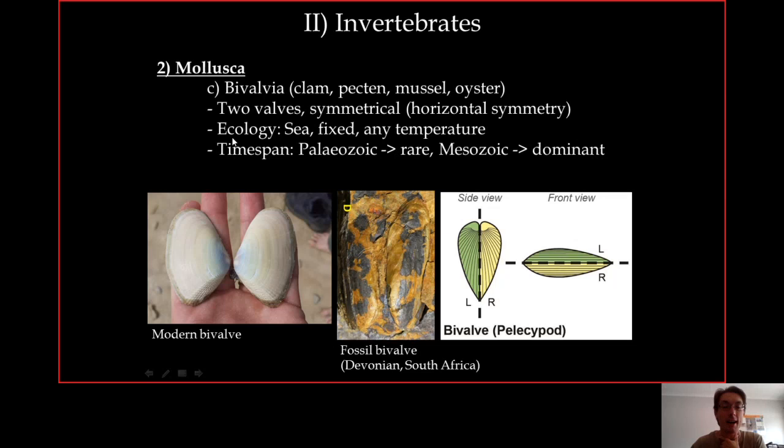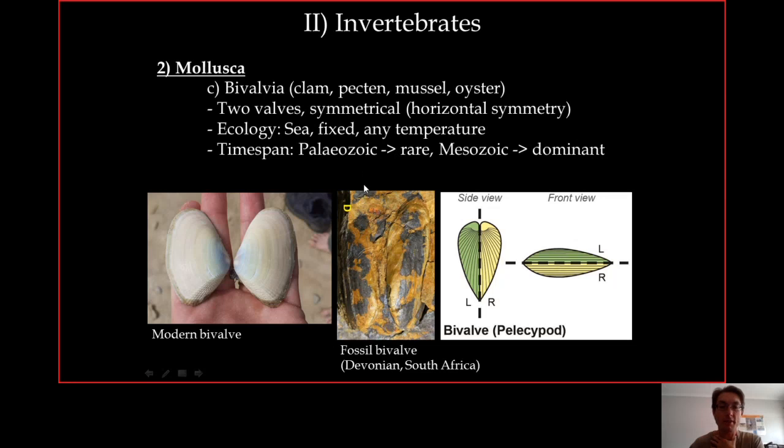So the bivalves are typically marine species, although you will find some of them living in a continental environment. Some of them live in rivers or in lakes. You have mussels like freshwater mussel, for example, and I think this one is a freshwater species actually.